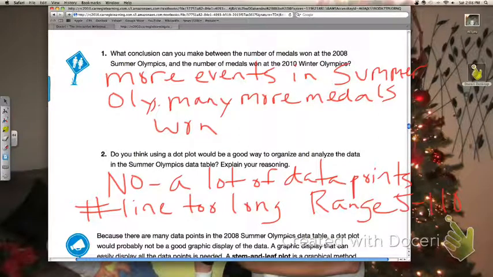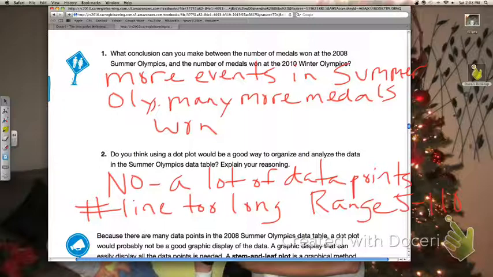So looking at the answers to number 1 and number 2, for number 1, hopefully you came up with the conclusion that there were a lot more events in the Summer Olympics because there were many more medals won than in the 2010 Winter Olympics. For number 2, do you think using a dot plot or line plot would be a good way to organize and analyze the data?